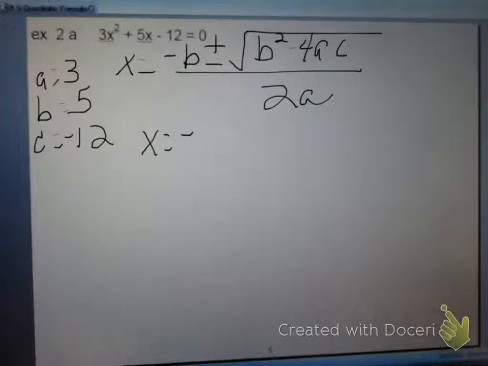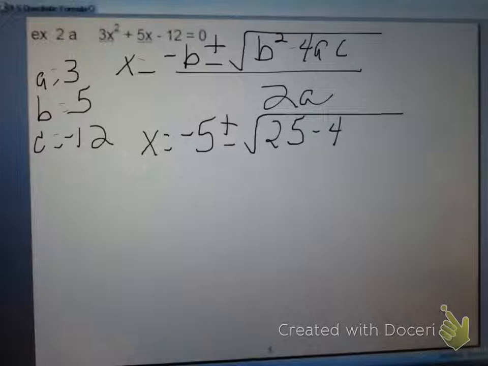So that's negative 5 plus or minus the square root of b squared, that's 25, minus 4 times 3 times a negative 12. And again, I'm going to put the negative 12 in parentheses to show that I am multiplying times a negative. And then 2 times 3 is 6, because a is 3.